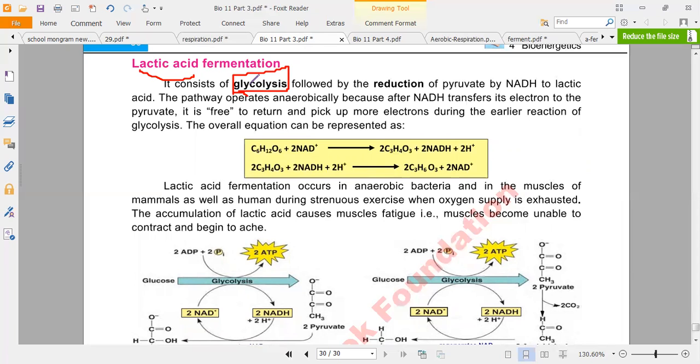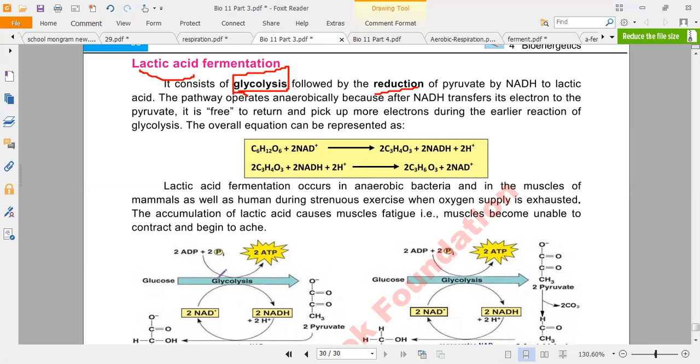In anaerobic conditions it goes through fermentation further, but in aerobic conditions where oxygen is present, it goes through the Krebs cycle. So here we are going to discuss fermentation, without oxygen. Glycolysis will be followed by reduction of pyruvate.